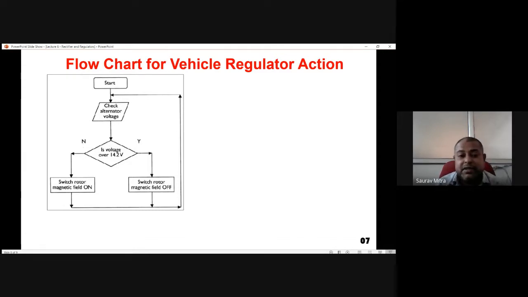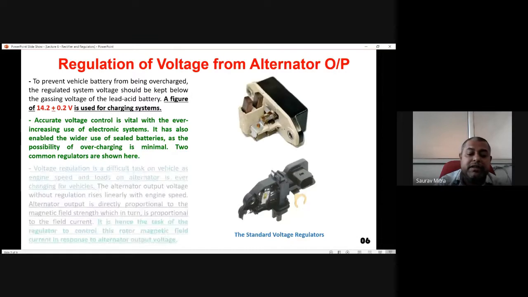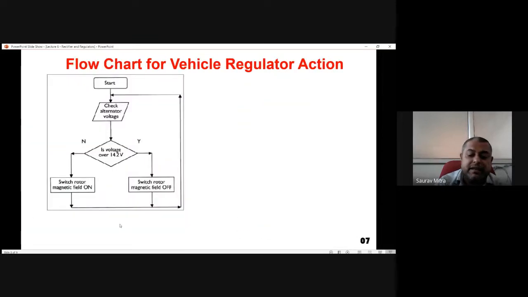So in that case, is voltage over 14.2? Answer is no. Voltage is suppose 13.9 or 14 volt. What you have to do is switch the rotor magnetic field on. That means tell the alternator to make current flow through the alternator field coil, and the field coil will be energized, and then again the question will be asked: check alternator voltage.